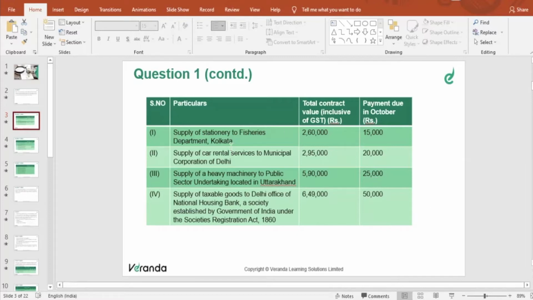Again, just a trivia question. Suppose it was somebody else who was supplying it to Delhi. You might be aware that Delhi is a union territory. So when they are supplying over there, shouldn't it be UTGST?